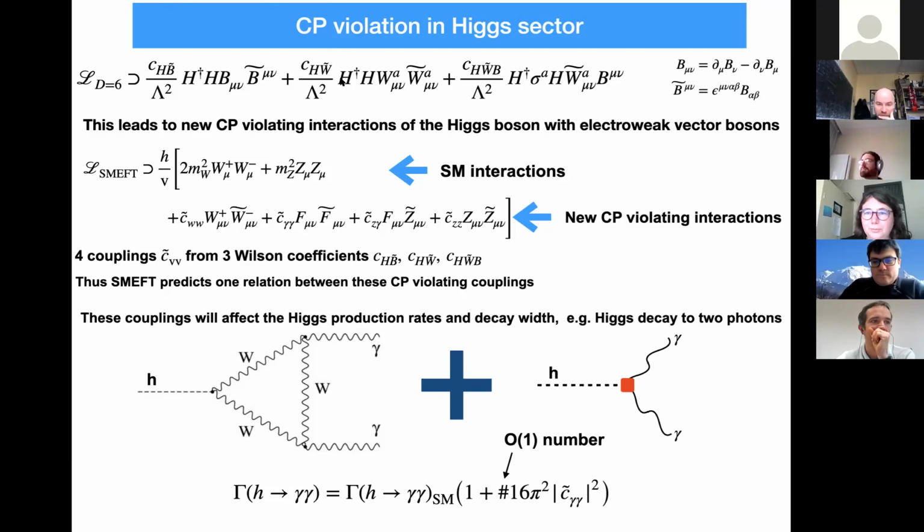So far, what I was trying to say is that it seems that for the Lagrangians that we write in the SMEFT approach, we should put all the couplings that are allowed by the symmetries with arbitrary phases, and this paradigm is consistent with what we observe in the experiment.